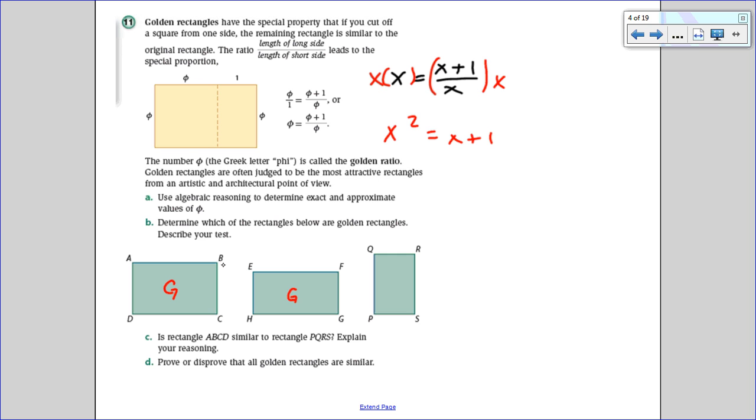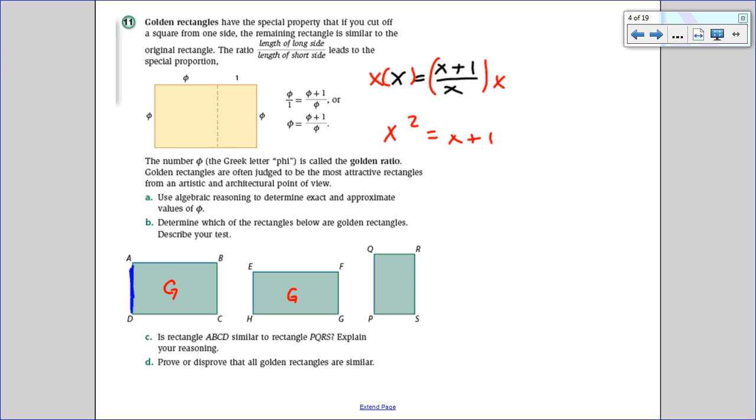With any similarity, what we want to show is matching corresponding sides. Like I would want to match AD to EH. But I don't know anything about AD and EH. All I know is these individual rectangles are golden, or they have the golden ratio with them. So what I can do is actually start talking about each rectangle individually.